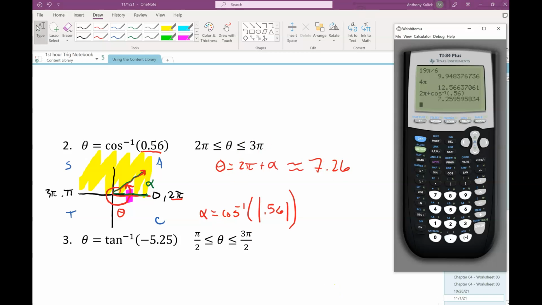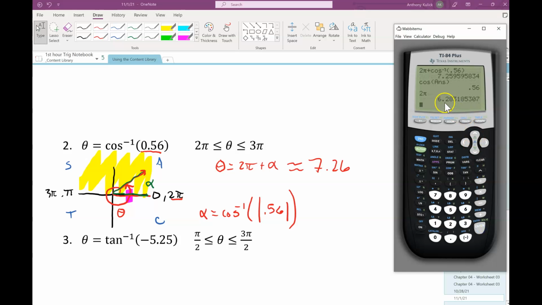And just as Landon asked, let's check this once real quick. So to do that, I'm going to do cosine of that value and make sure it gives me 0.56, which it did, so that's good. And then I want to check to make sure that 726 is in between 2 pi and 3 pi.